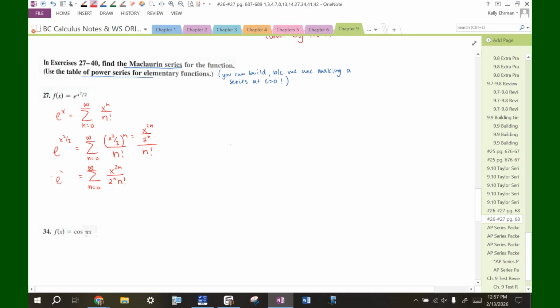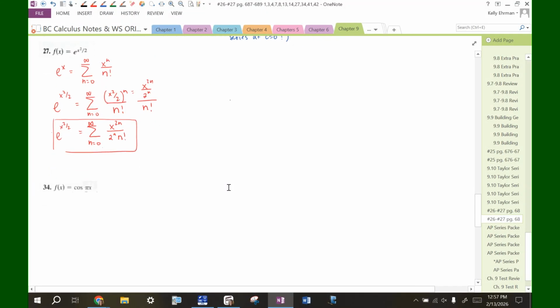So that's my e to the x squared over 2 series. And again, for a free response question, you can leave it ugly like the first one I wrote. But if you're trying to find the answer, it will probably be simplified. Or if you're trying to do something else with it, then it might be better to simplify it.